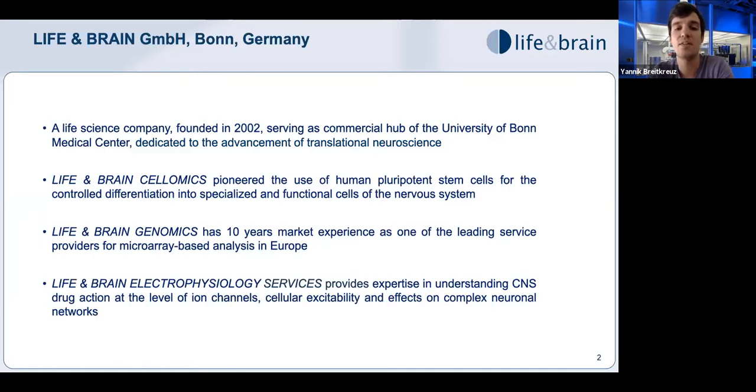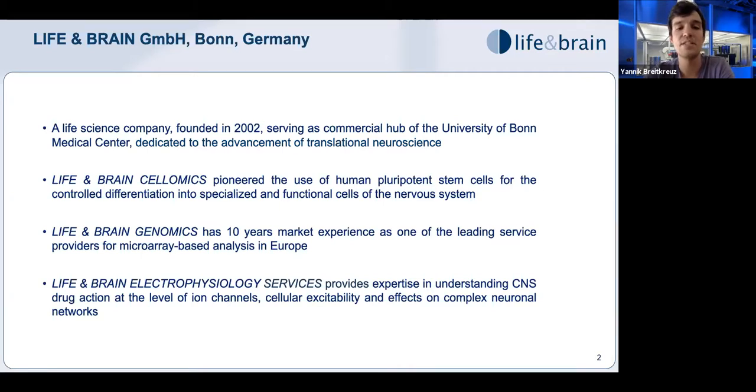I'm working at the Life and Brain company. It's a life science company which was founded in 2002, and it serves as a commercial hub of the University Hospital of Bonn.